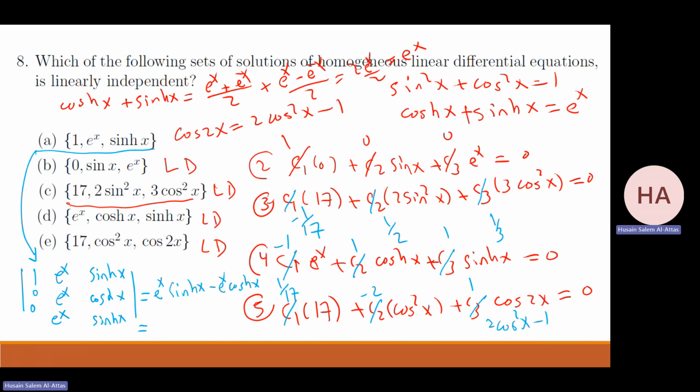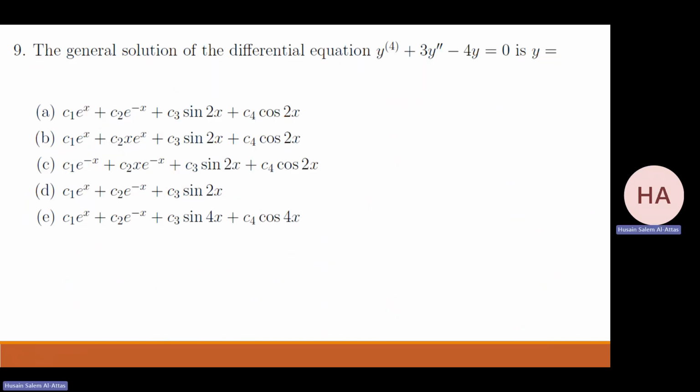And then I know cosine hyperbolic minus sine hyperbolic will be e to the power minus x. So that'll give me e to the power x times sine minus cosine, which is minus e to the power minus x. That will be -1, not equal to 0. So for sure, this is linearly independent. Actually, it's very clear. Okay.